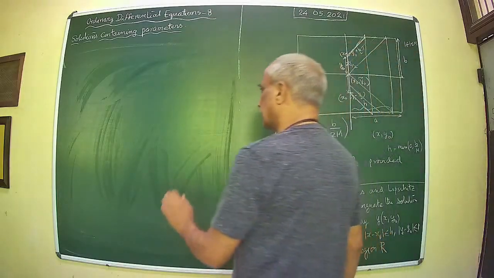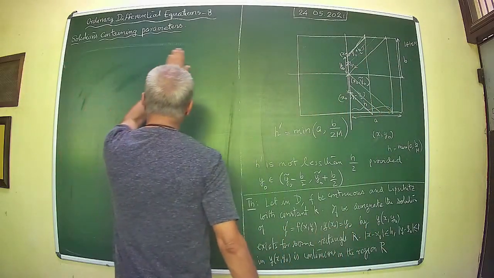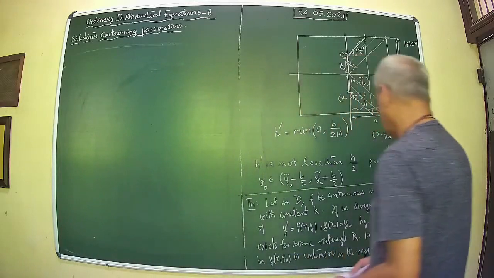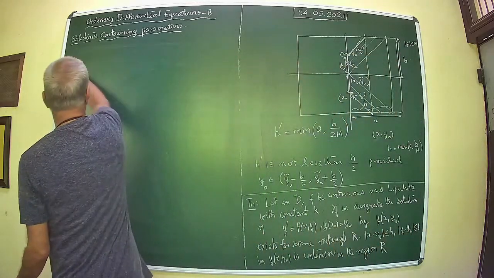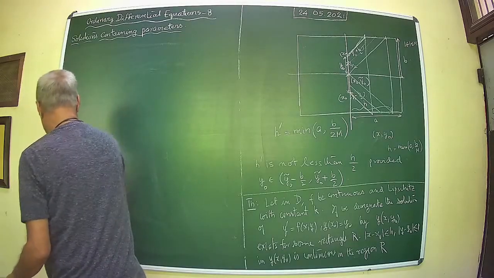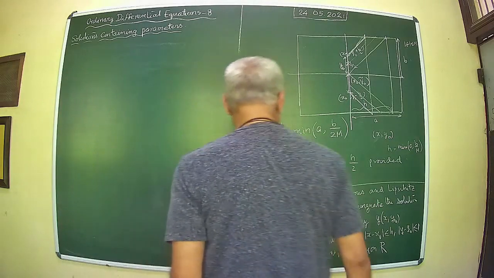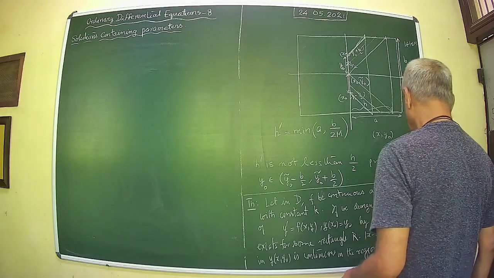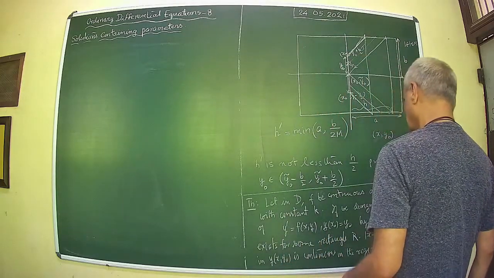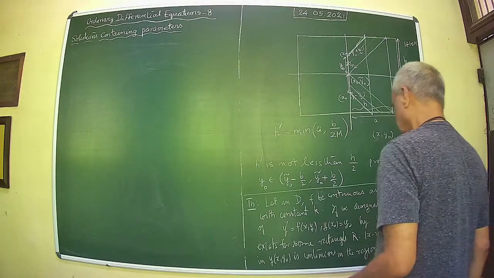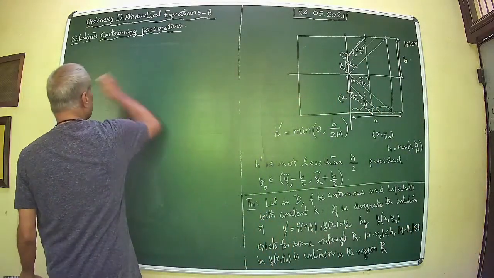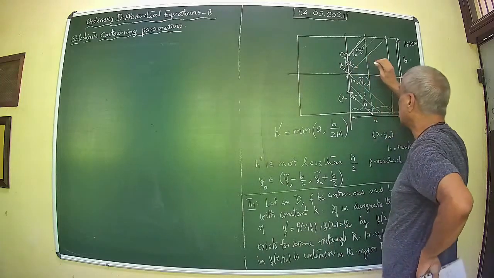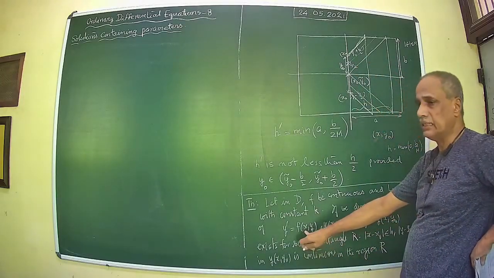Now what we are going to assert is that if you take a point on this curve, of course we have the function continuous with respect to x.